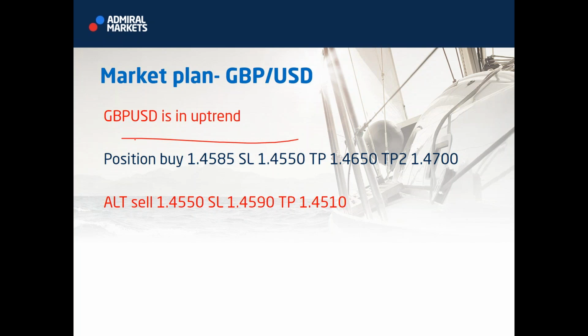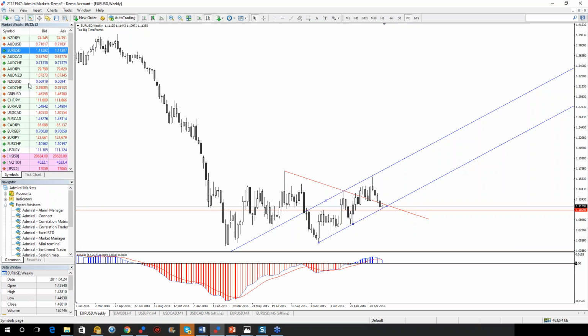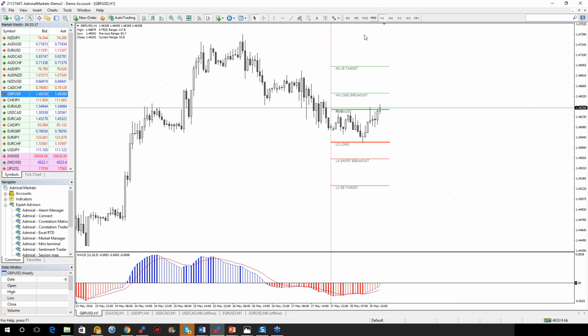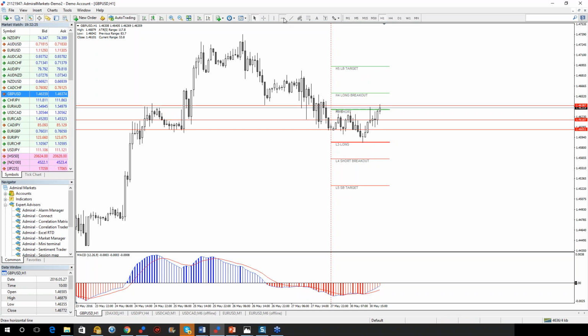Well, some people would say it was also good to short it. Well, yeah, but I was following the trend, so in my opinion it was much better to go long.